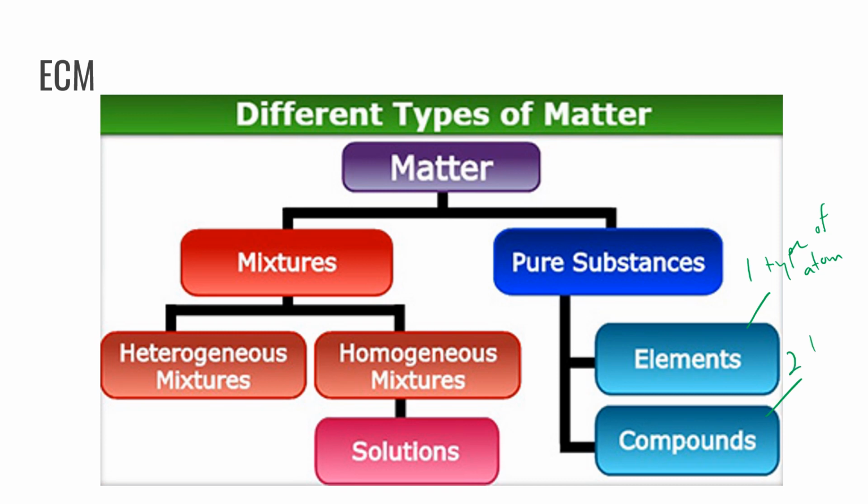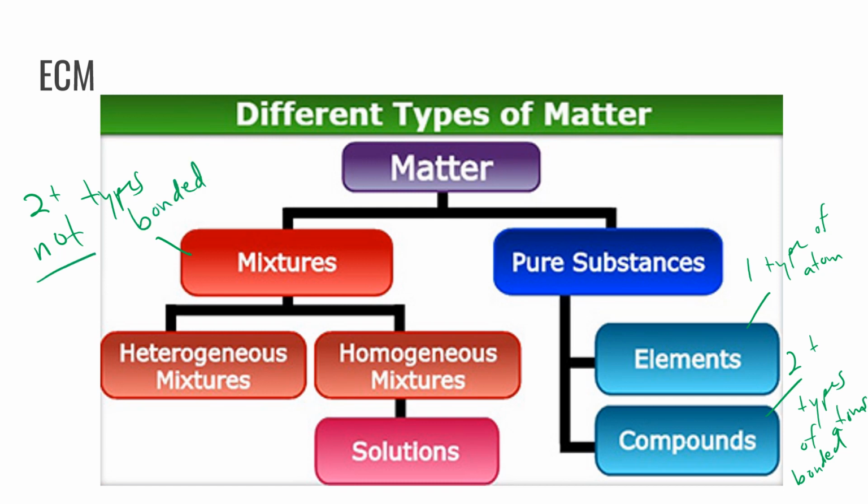Compounds are 2 or more types of atoms that are chemically combined. I like to say bonded. Mixtures are where you have 2 or more types that are not chemically combined or not bonded. Again, that's a term that I use.